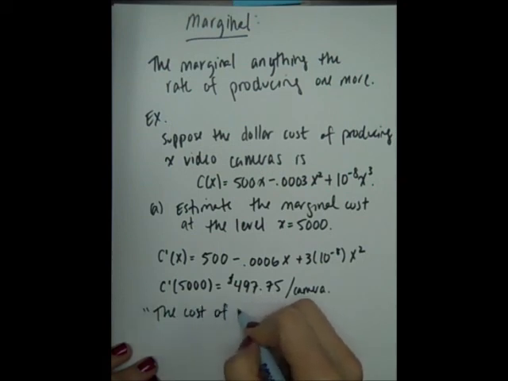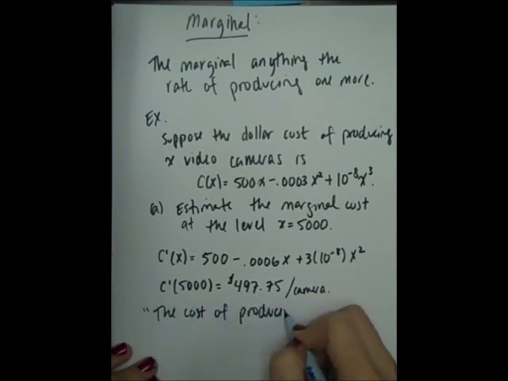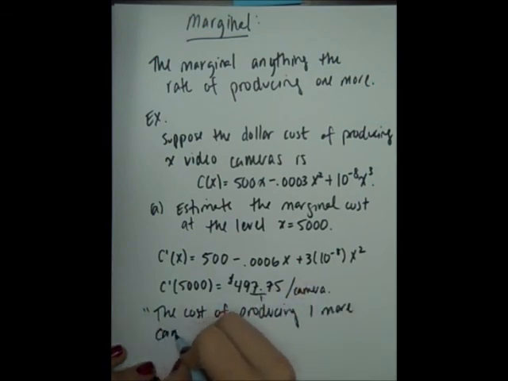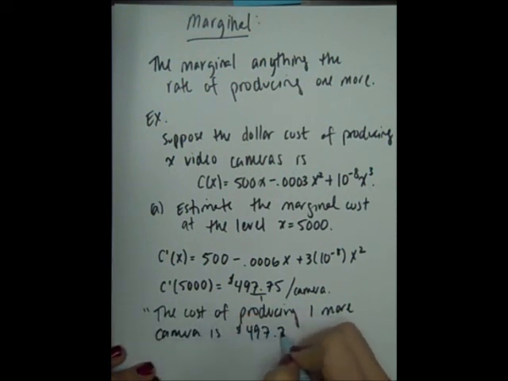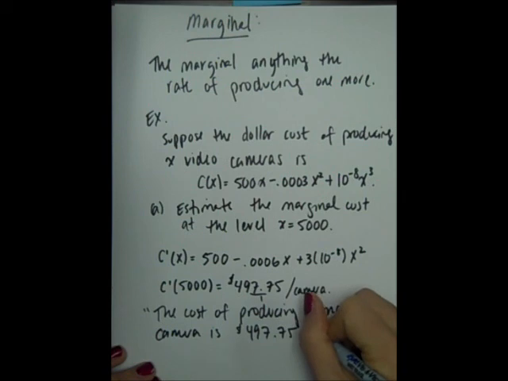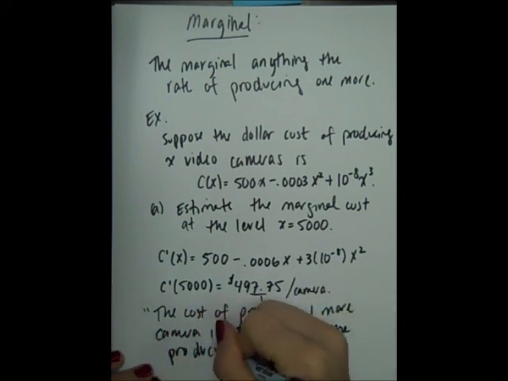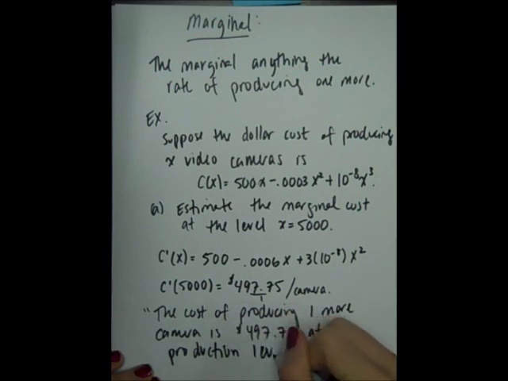So this says the cost of producing one more camera, remember this is over 1, so one more camera, is $497.75 at the production level of 5,000.